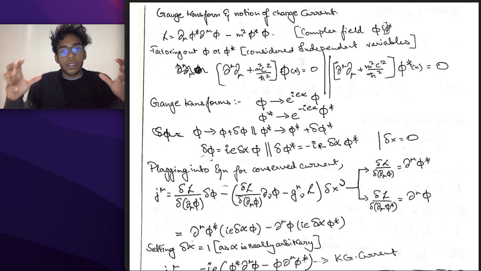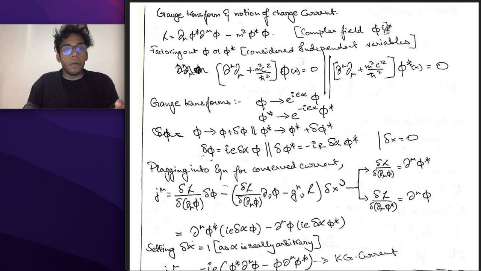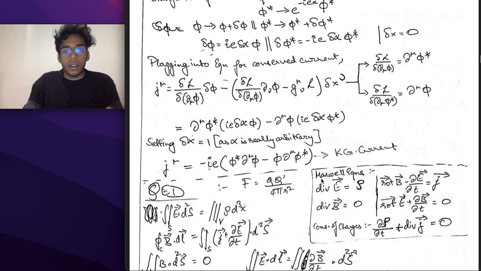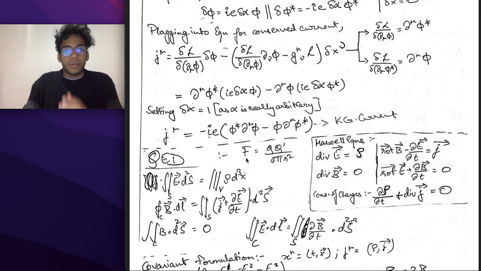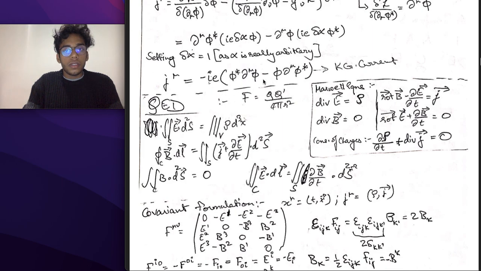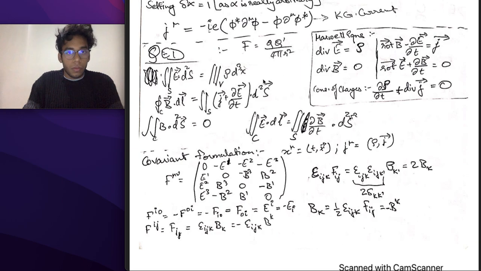You try to see if any of these physical quantities change, and if nothing changes, then you're good to go. But if something changes, then there has to be something modified. So that's the essential idea. You plug it in, and then you get your expression for your Klein-Gordon current. And from now we just move to electrodynamics.